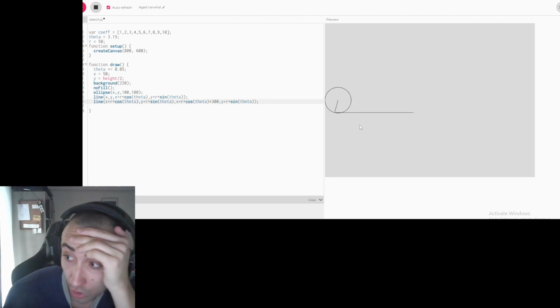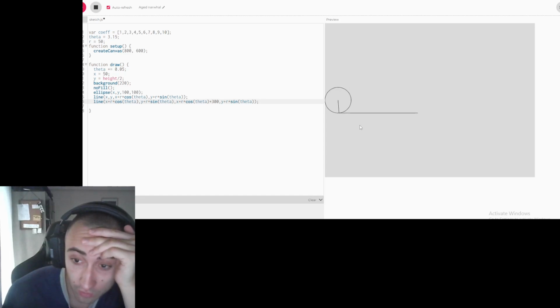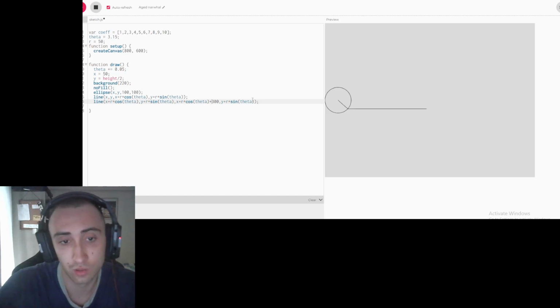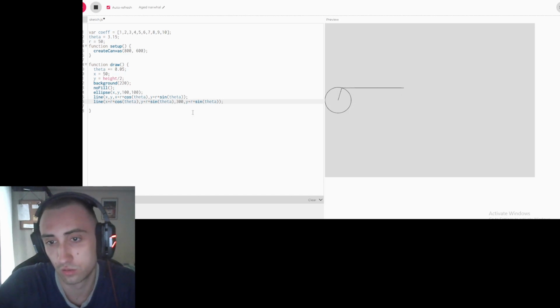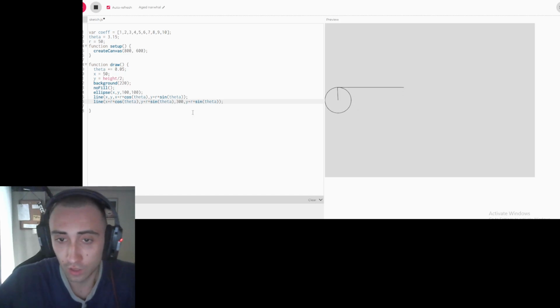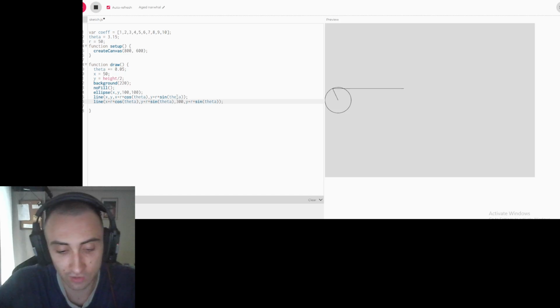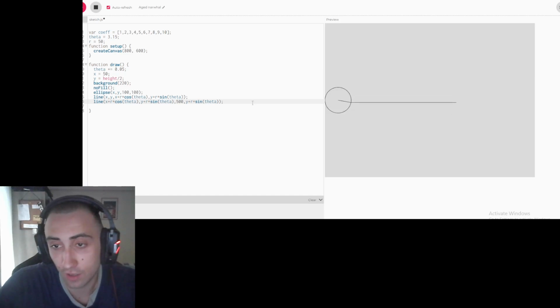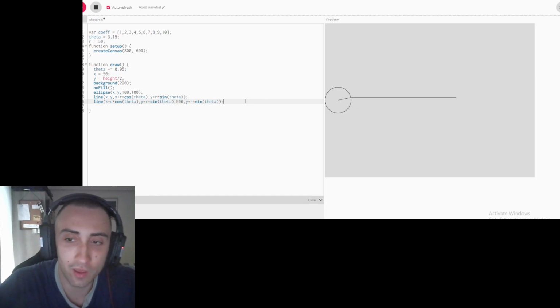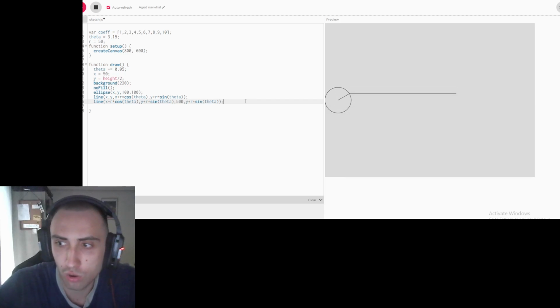We want it to always be at x equals 300. And let's make x be 500. Nice. So we are basically doing the sine, and then now we have to draw stuff.